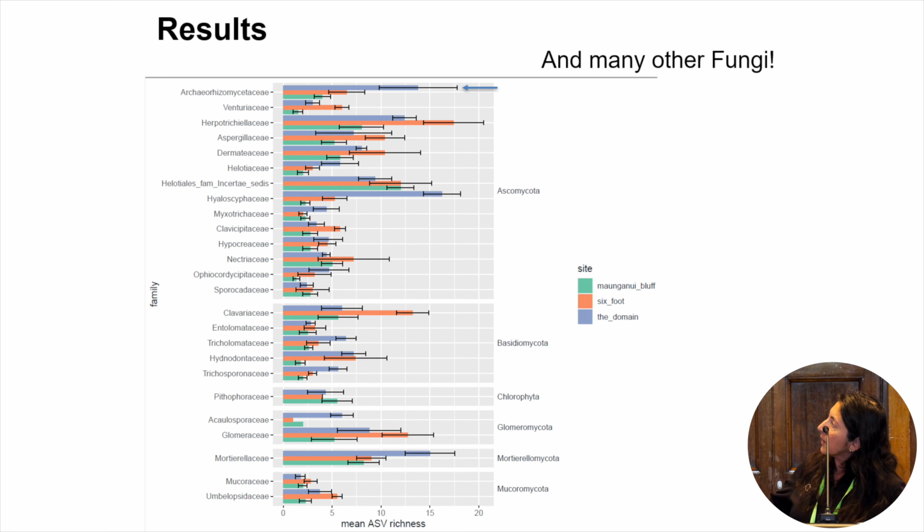This was the Archaeorhizomycetes. And this is something that was only discovered about 12 years ago or so. This group was described, and it had originally been only found in a sequence, and then they were able to culture it, which was why they were able to name it.